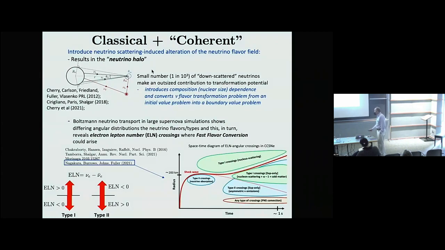There's a calculation by Shashank Shalgar, Vincenzo Tangerini and Mark Paris that looks at the effect on essentially the outflow physics and flavor transformation, and they find a relatively small effect.